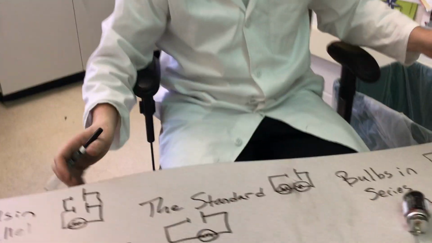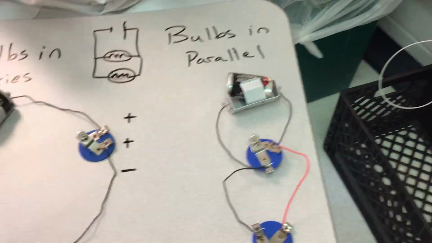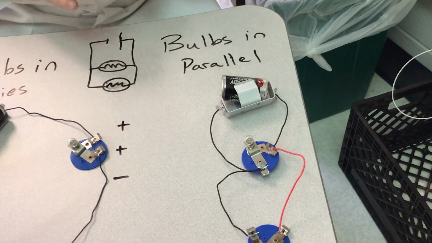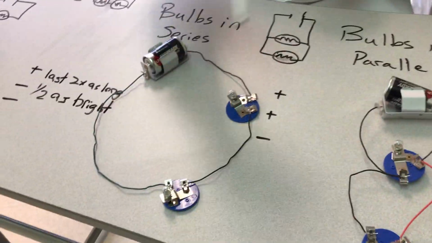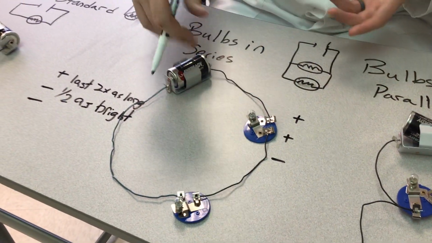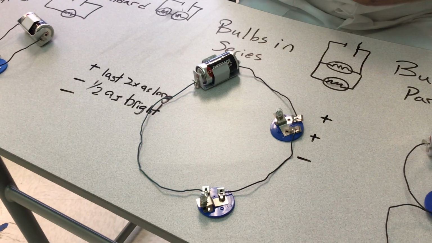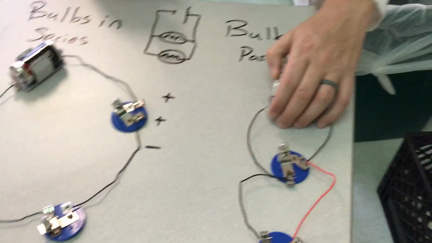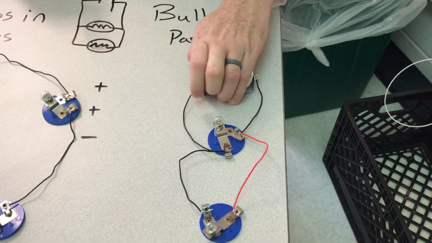All right, are you ready for our last circuit? Let's do it. So we have bulbs in parallel. The last time we talked about bulbs, multiple bulbs in one cell, we knew that half the energy was split between the two bulbs. Let's see what happens when I add my cell.